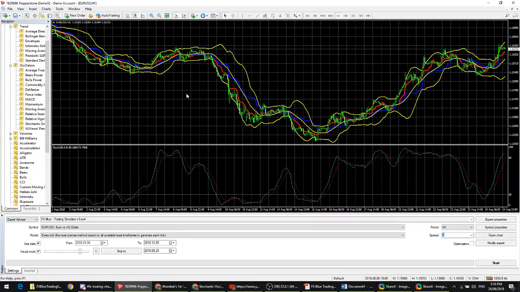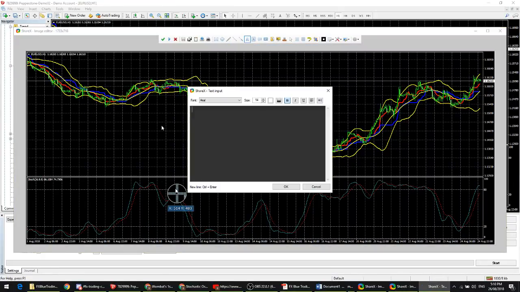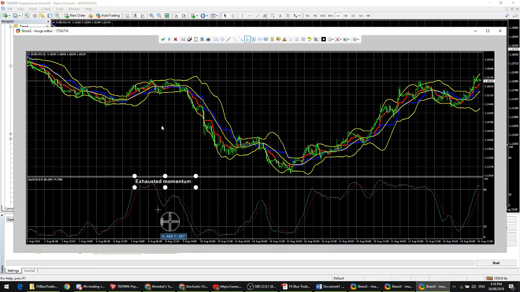Let's have a look. I'll grab a screenshot. Now, we've already had to think about it, so what we're going to do is look for when we think momentum has been exhausted. So there's exhausted momentum there.